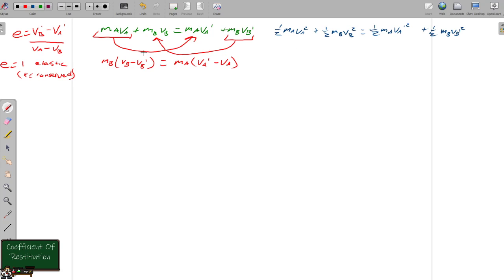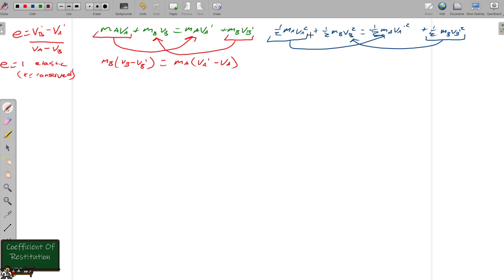So in the same way that I moved the B's over to the same side and moved the A's over to the same side, I'm going to do the same thing with this, pull out the masses one more time, and get a second formula. So B's are moving over to the other side, and A's are moving over to the other side.